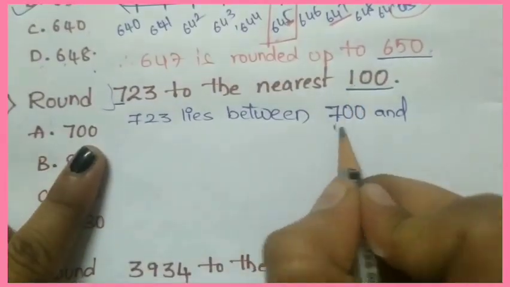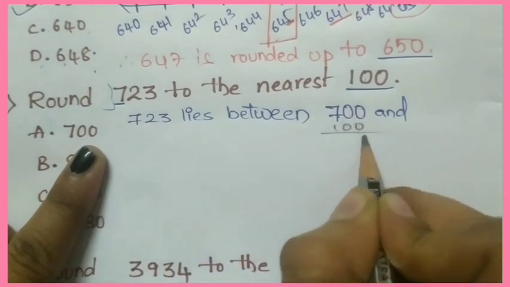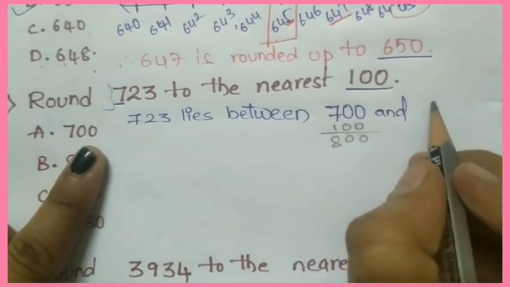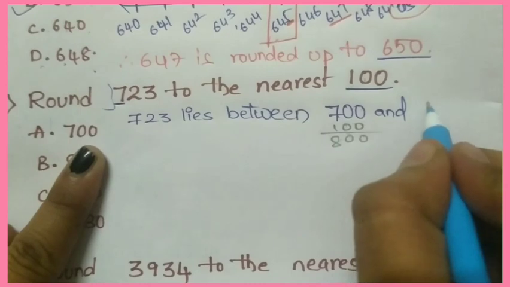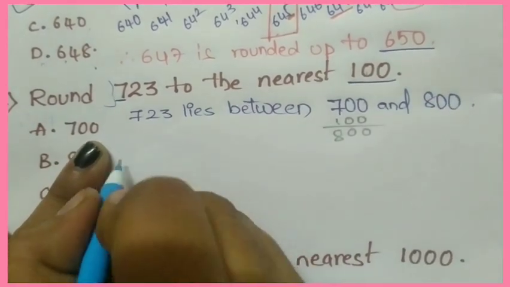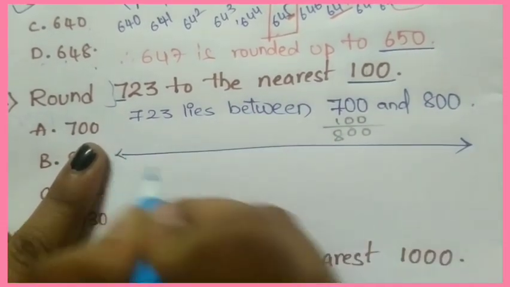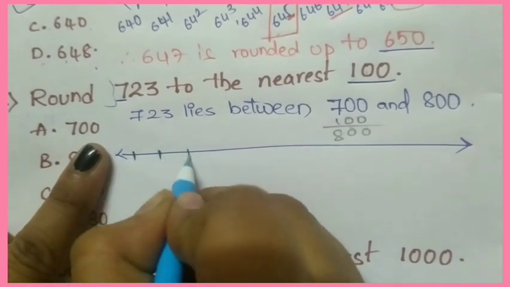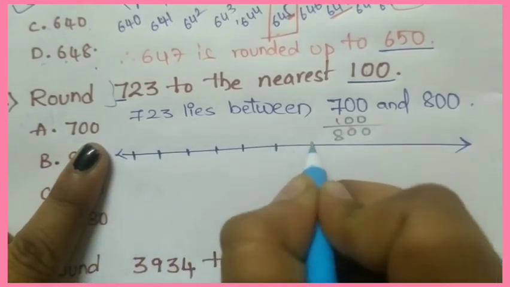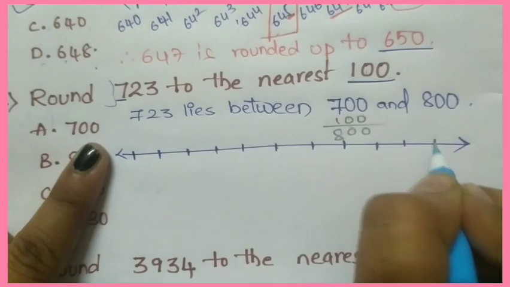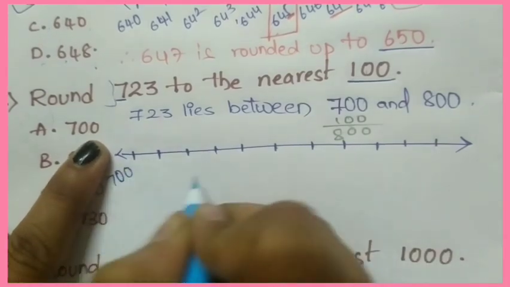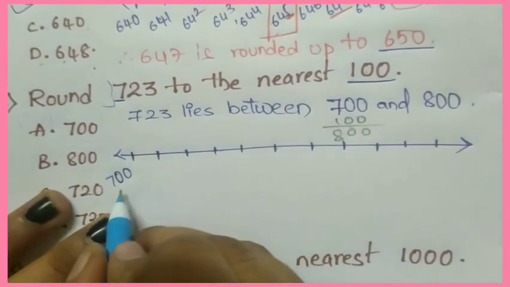Now here 100 is given, so we have to add 100. What will we get? 7 plus 1 is 8. 800. So 700 and 800. Now we will draw a number line. Look here, children, 700.